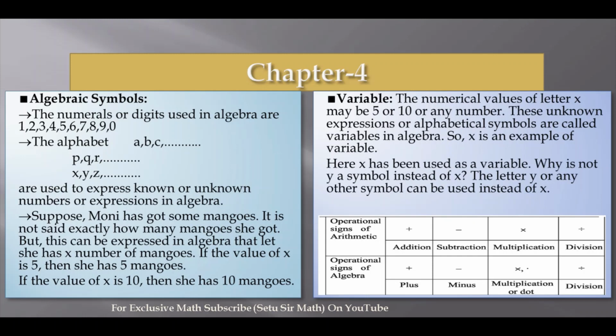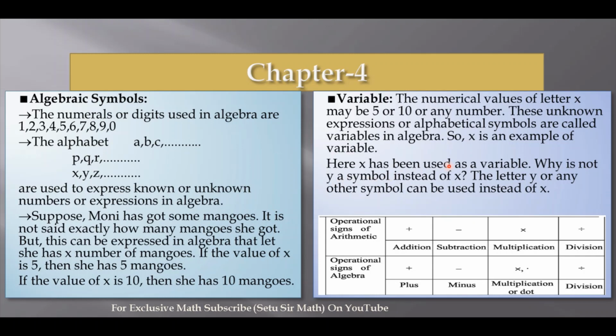Here X has been used as a variable. Y is also a symbol that can be used instead of X. The letter Y or any other symbol can be used instead of X.